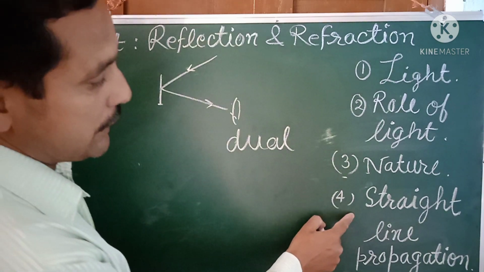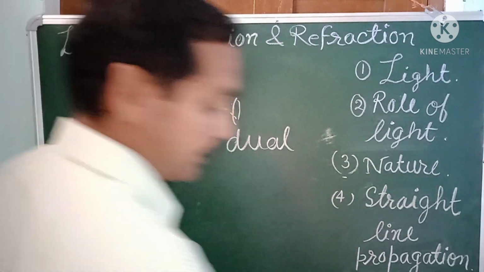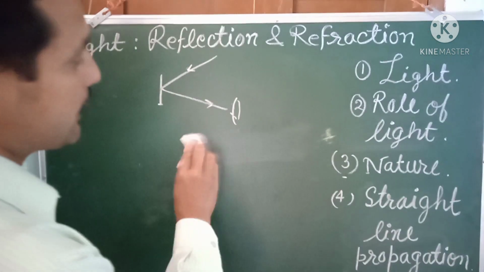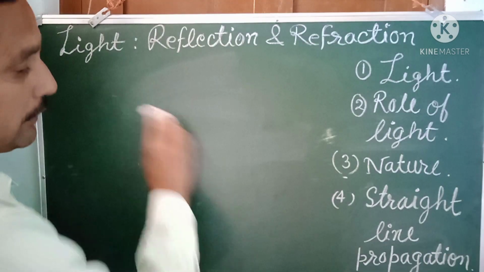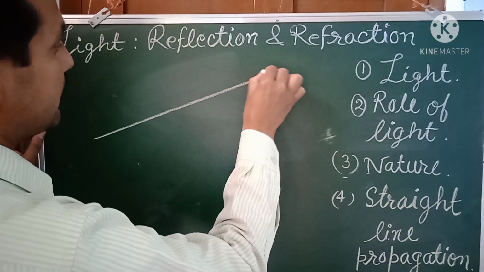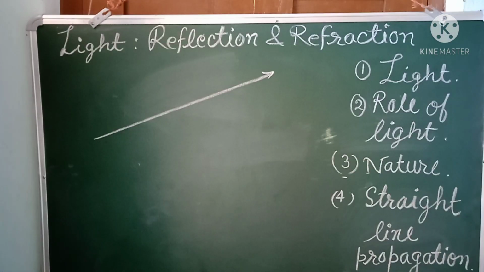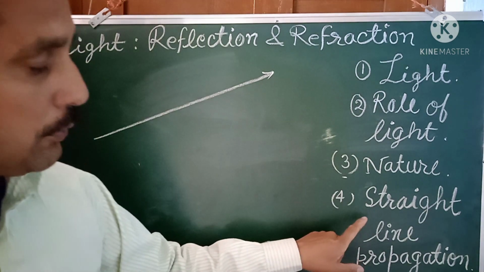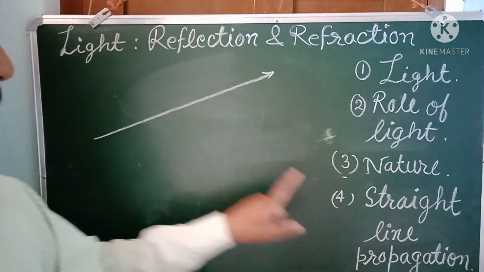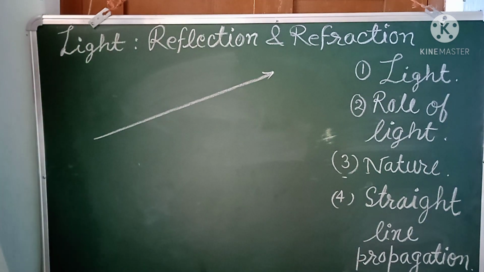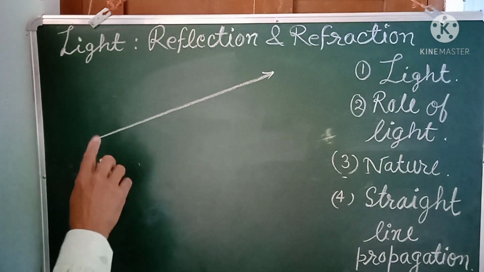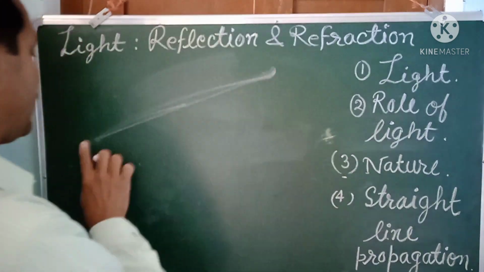Now fourth, straight line propagation of light. Straight line propagation of light means light always travels in a straight path. We can prove this with an example.